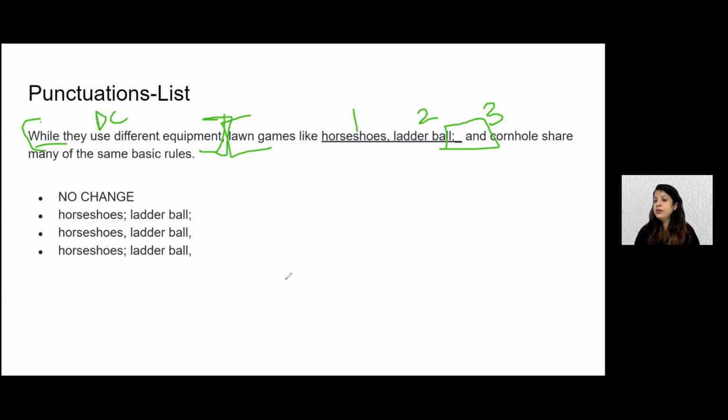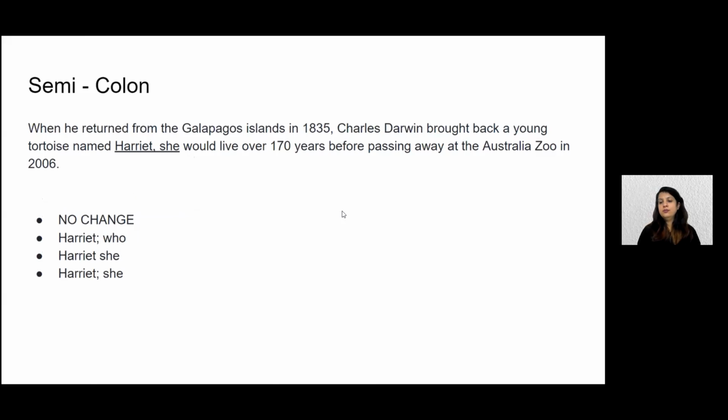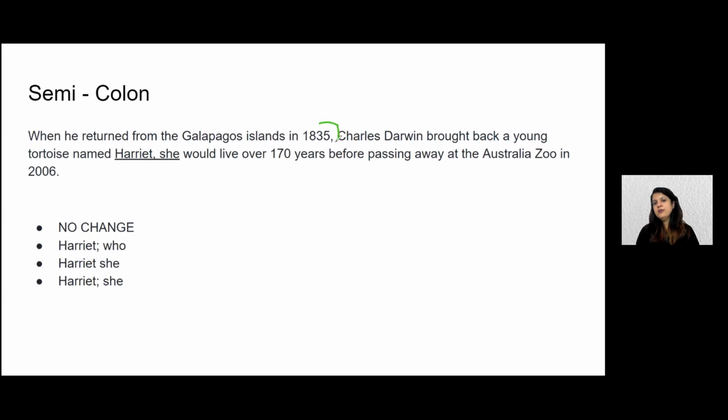Right? So there is a logical way of approaching every question. Now, if you do not know the rules, all options may seem to be very, very baffling. Next question, let's see. Again, semicolon. Interesting punctuations to understand. Here, if you see, it says, when he returned from the islands in 1835, same concept, right?